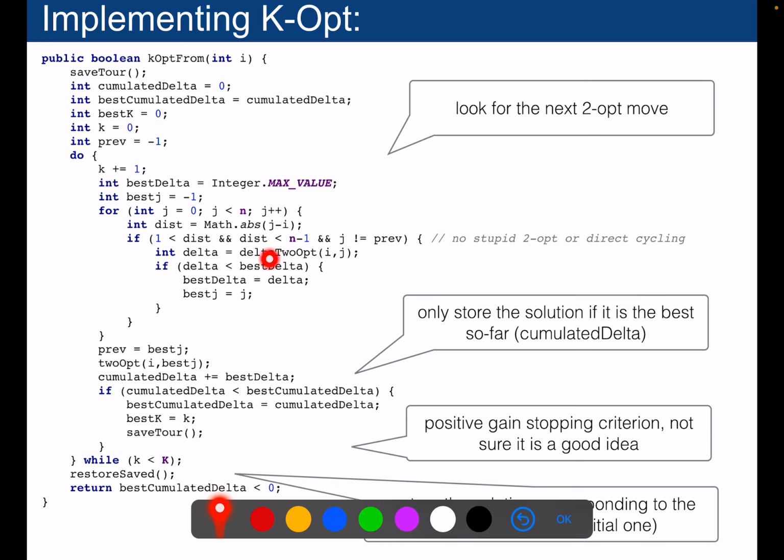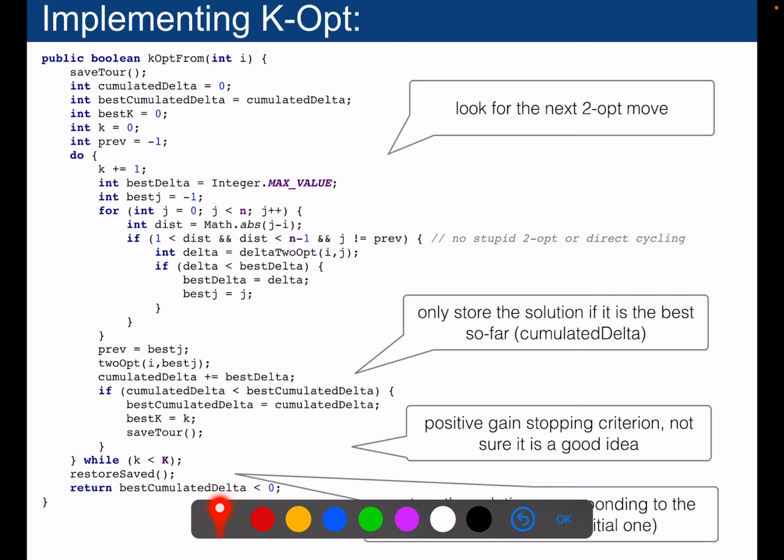Then this delta 2-opt that I will detail just after gives me the delta. If it is better than the best delta that I have seen so far, I store it. And the one that I will accumulate will be the best j that I have seen in that loop, right? And so what I need to detail now is this 2-opt move from i to the best j.